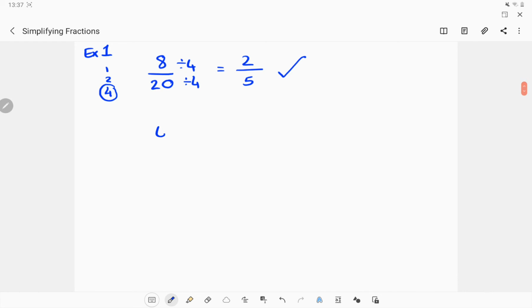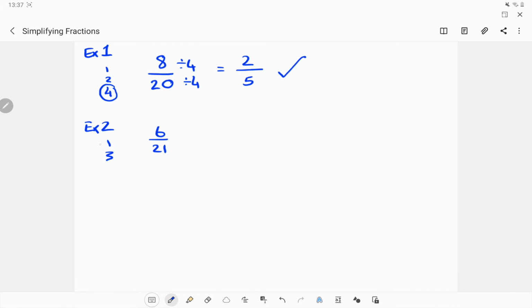So we're going to look at 6 out of 21. Are there any times tables that are just jumping out to you there? Well, they're in the 1, they're not in the 2, they're in the 3, 4, 5, not in those, 6. Well, 6 is, but 21 is not.